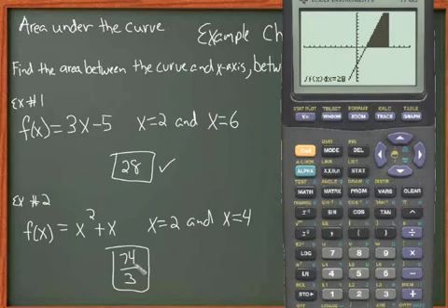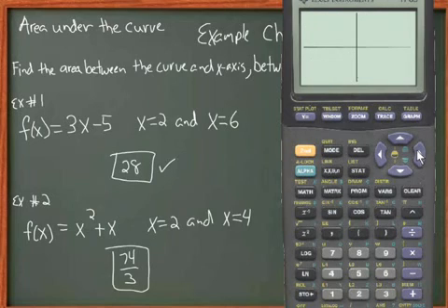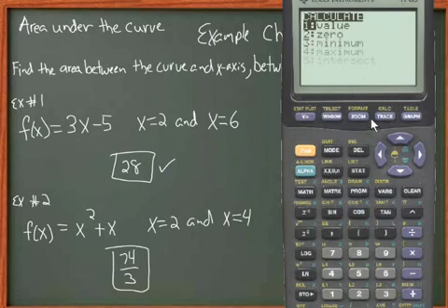Okay, and we can check that it's correct. Now to enter example 2, we enter the equation x squared plus x. We graph it, and that's going to look like a quadratic. There's a little bit of delay here with the calculators, but you saw the quadratic.